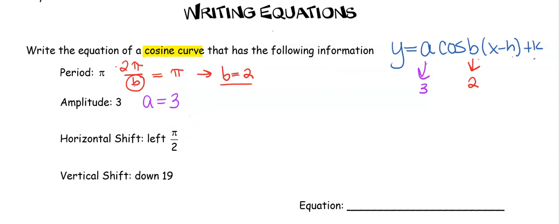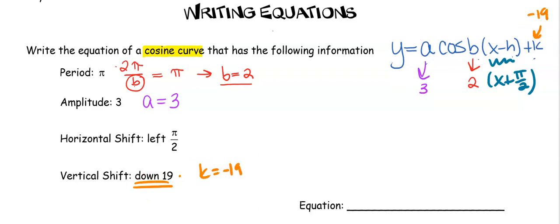You just got to remember that when we are doing horizontal shift, it is inside, but it is the opposite of what we think. So this is actually going to be plus pi over 2. I think I said pi over 4, but it's pi over 2. And then the last part here is the vertical shift down 19. So our k is a negative 19.